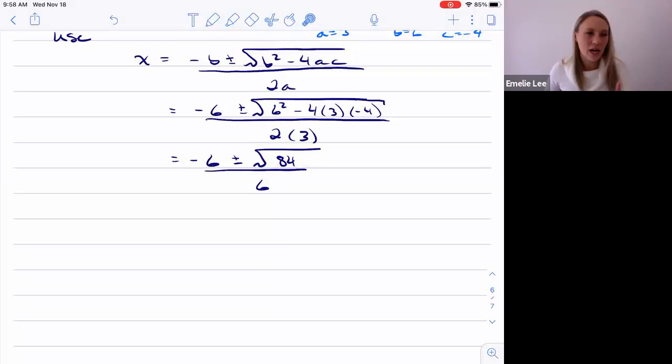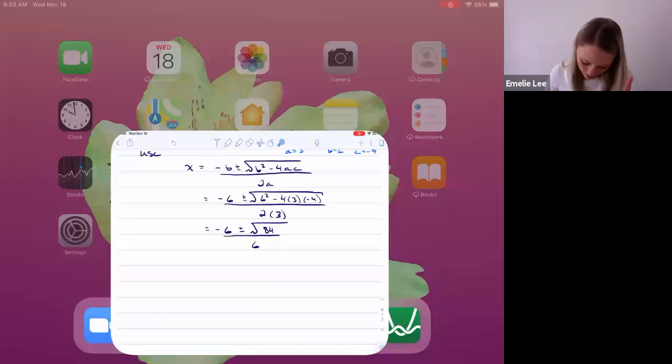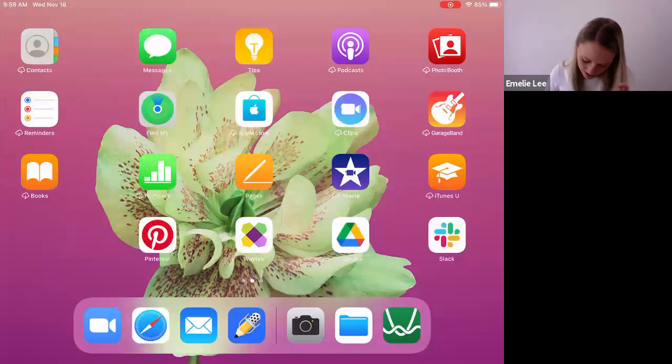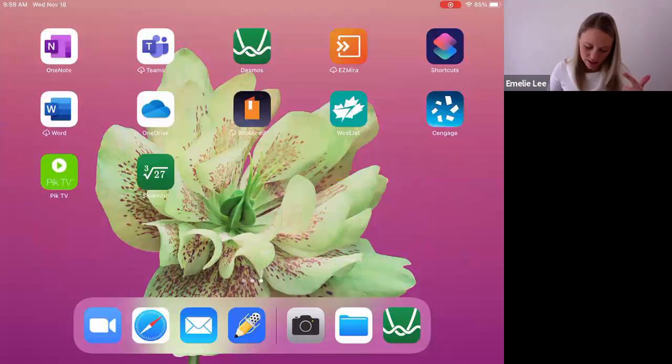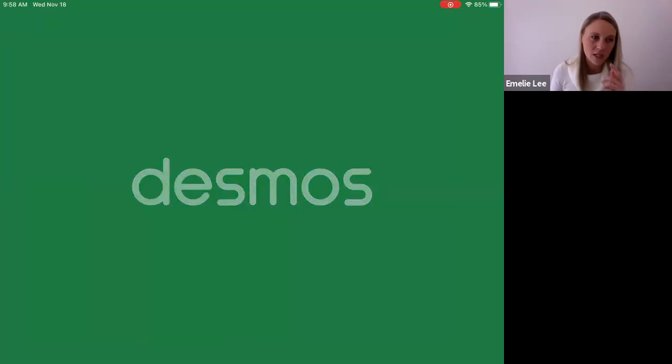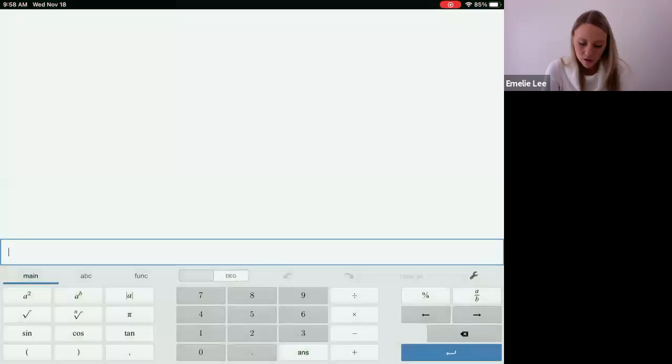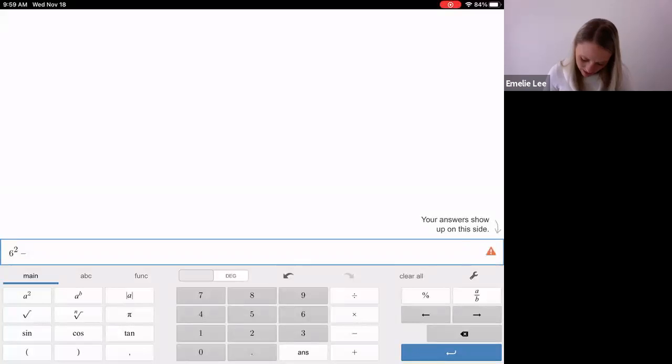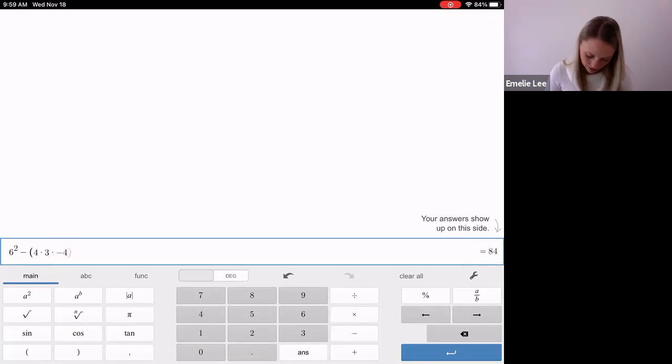But let's see what happens if I put it into Desmos, the Desmos calculator. There's Desmos for graphing and there's a Desmos calculator. Both are available for free. And here's the Desmos calculator. I'm just hoping my Zoom doesn't clunk out because it did do that before. All right, so I have 6 squared minus, in brackets, 4 times 3 times negative 4, 84.